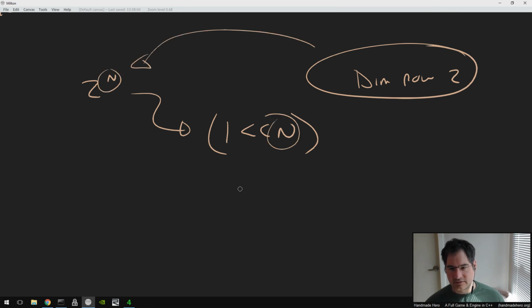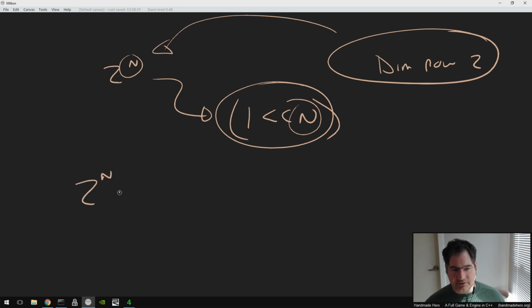So anytime we want to know how many are on one of our voxel sides, it's just 2 to the n, which is just 1 shifted up by n, right? Now, if we want to know how many there are total in the voxel, we would just multiply the number of ones along x times the number along y times the number along z, right? Which is 2 to the n times 2 to the n times 2 to the n.